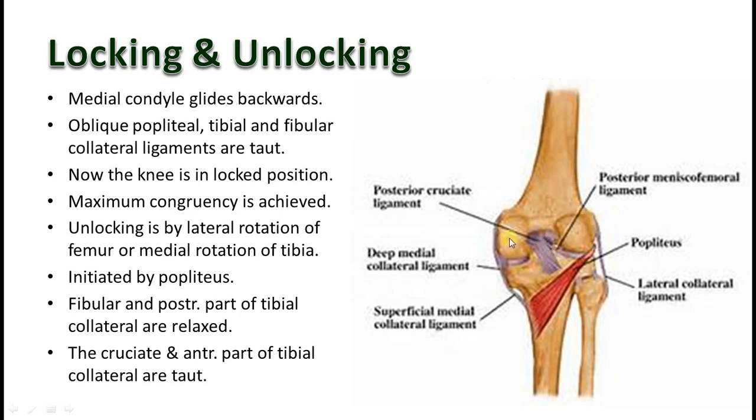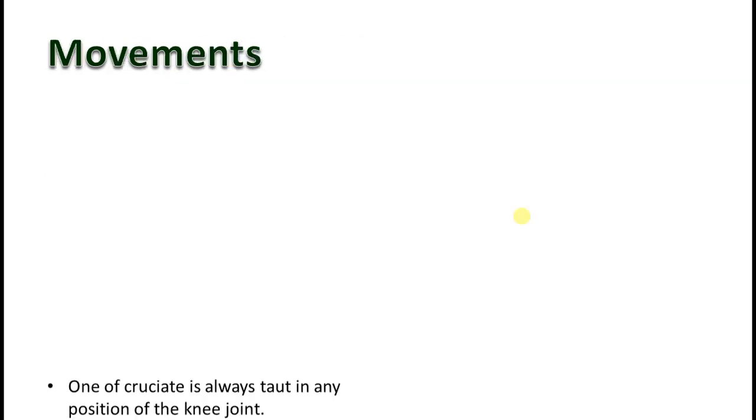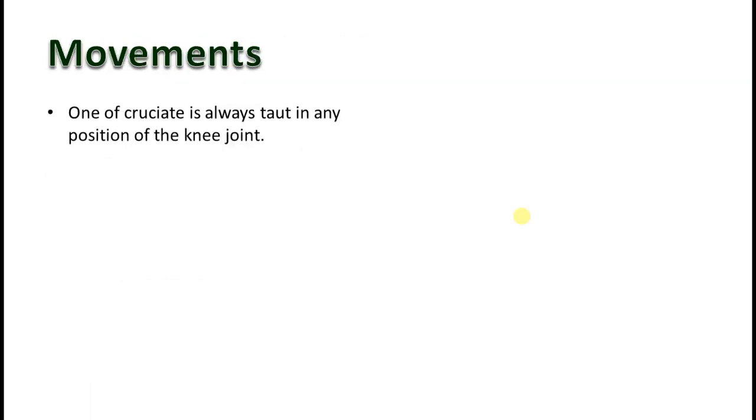That is why there is a lot of wear and tear in the anterior horn of medial meniscus, and the anterior horn of medial meniscus is somewhat narrower as compared to the anterior horn of lateral meniscus. Okay, so if you look in any movement of the knee joint, whether it is the flexion or the extension, one of the cruciate is always taut, and mostly the anterior cruciate ligament.